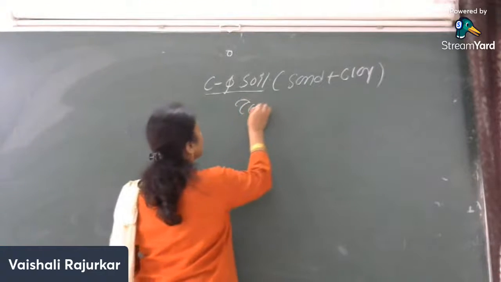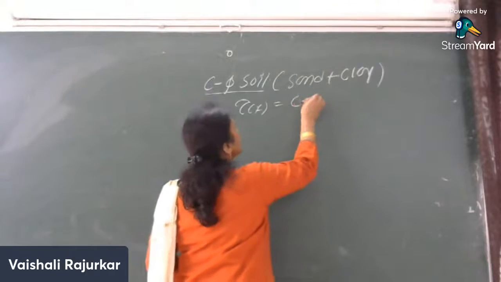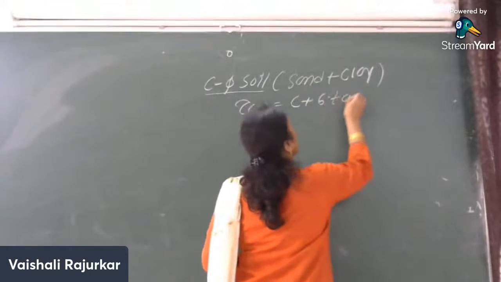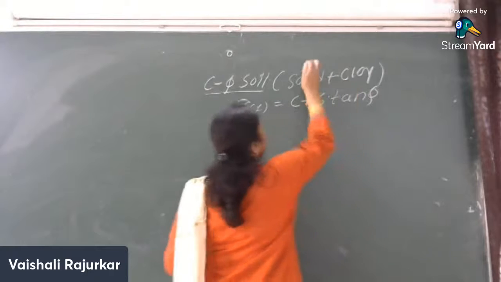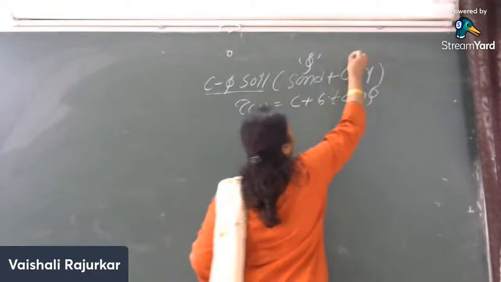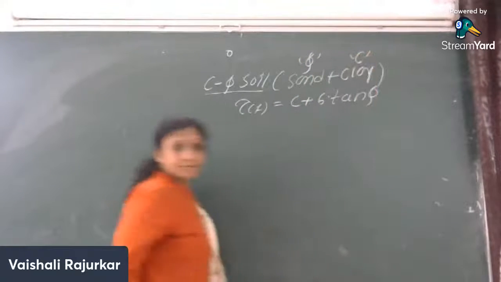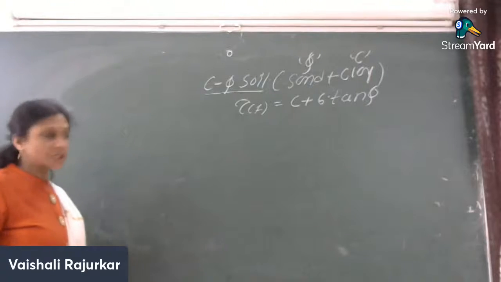And what is the equation of shear strength then? Tau is equal to C plus sigma tan phi. Sand is having phi and clay is having cohesion. So this is the equation of the shear strength.